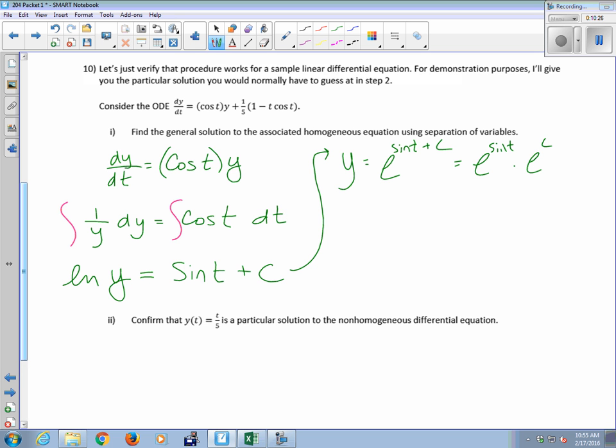But then e to the c is just another arbitrary constant, so I simplify and I get y of t is c e to the sine t. And often we put a little h here to represent that that's the solution to the homogeneous equation. It's not the solution to our original. All we did was solve the associated homogeneous equation. It just means homogeneous. You don't have to write it if you don't want to. It just helps keep track of what it is.